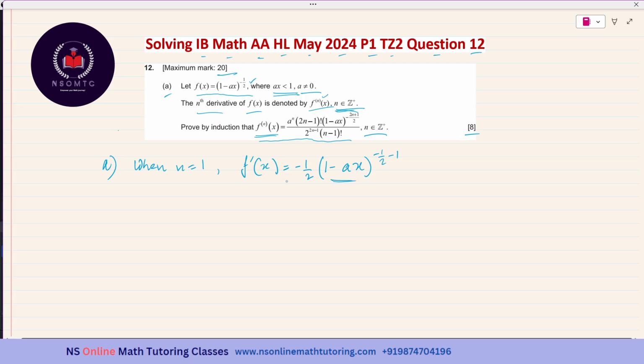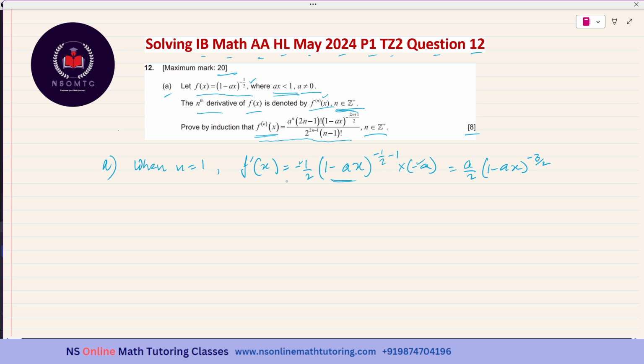So 1 minus ax when differentiated with respect to x will be giving us negative a. This is a negative sign, this is another negative sign, when multiplied together will be giving us a positive sign. So it is half a or a over 2, and (1 minus ax) to the power of minus half minus 1 is minus 3 over 2.